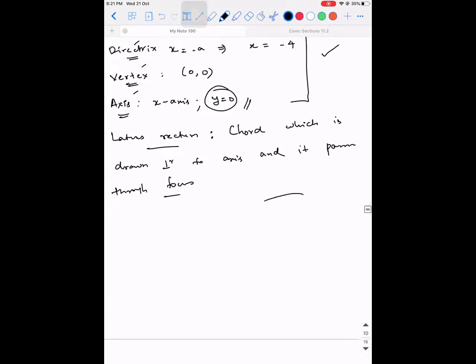That is, if you have a curve like this, if you are able to draw a chord which is passing through the focus and perpendicular to the axis as well, then this line is called as latus rectum. If I take this point as A and this as B, then observe, this point will be a comma k and this point will be a comma minus k.